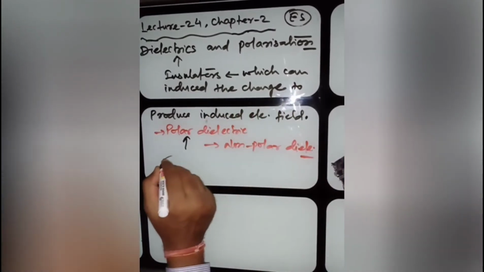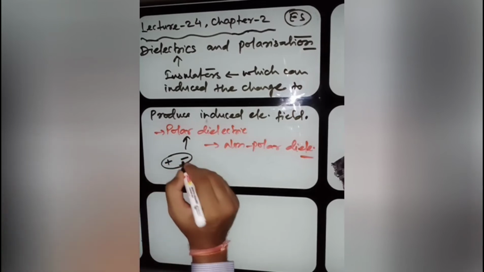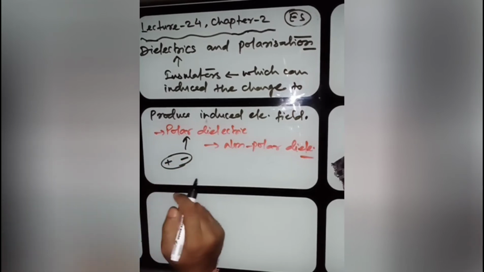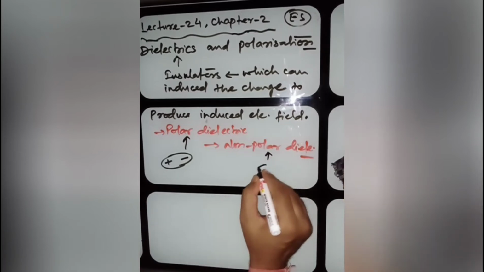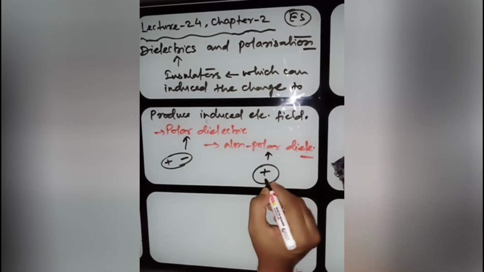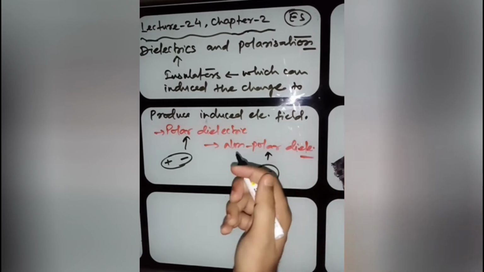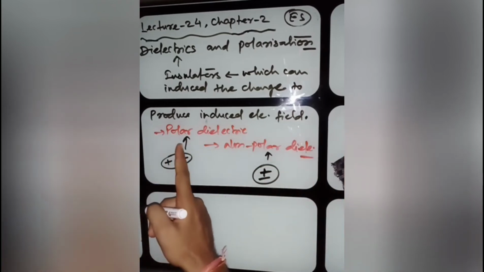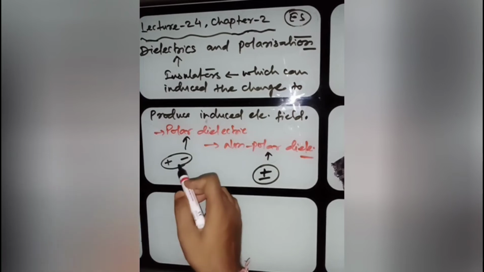If this is a polar dielectric, then positive and negative charge are separated by some distance. But in non-polar dielectrics, the center of mass of positive and negative charge coincides.